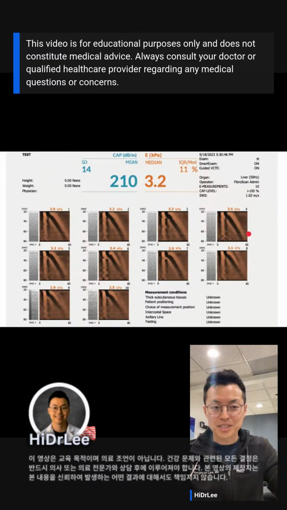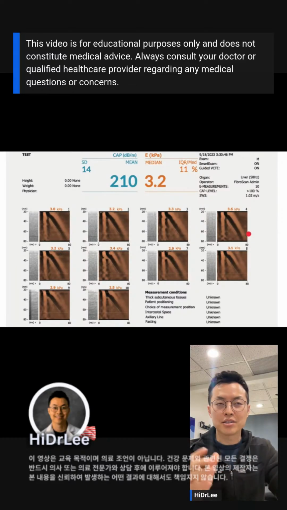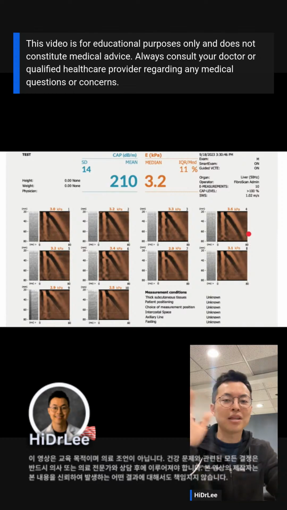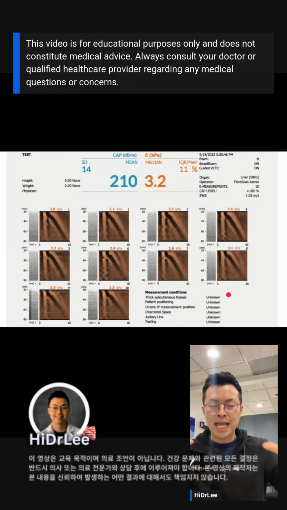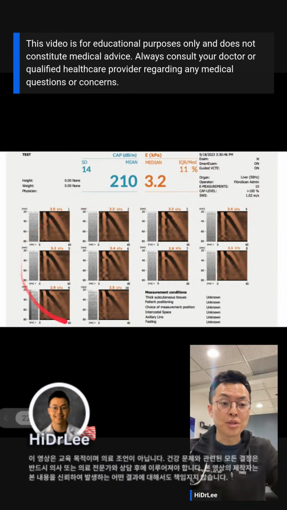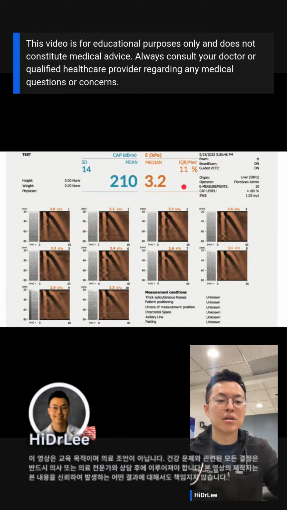Doing one Fibroscan actually means measuring the fat and scar tissue more than 30 or 40 times. The Fibroscan collects the last 10 tests and shows them here, so you can see the actual test and the quality of the test.